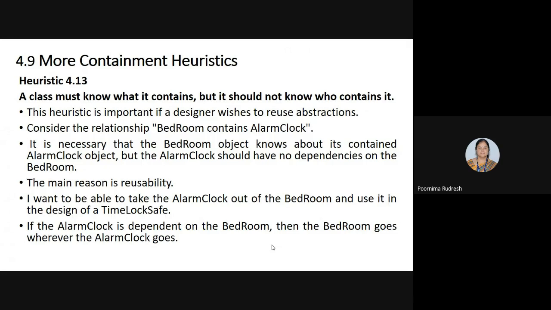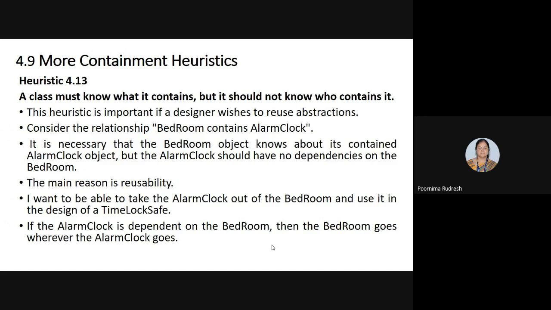But the alarm class object should not have any dependencies on the bedroom. Why? If it has a dependency on the bedroom, then we cannot move the alarm clock from the bedroom to some other place, because there is a dependency between the bedroom and the alarm clock. Understood?